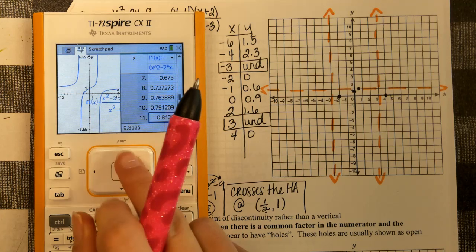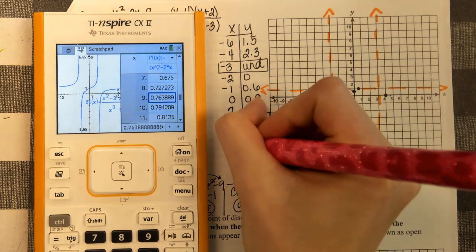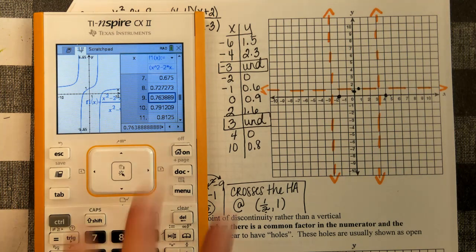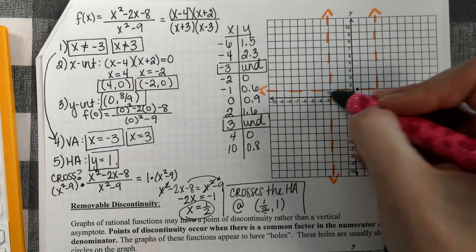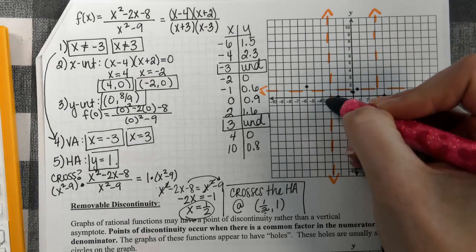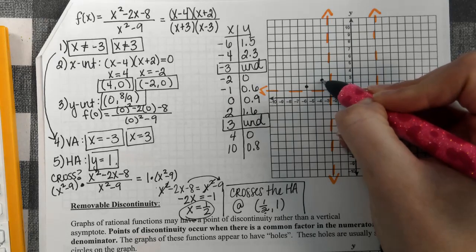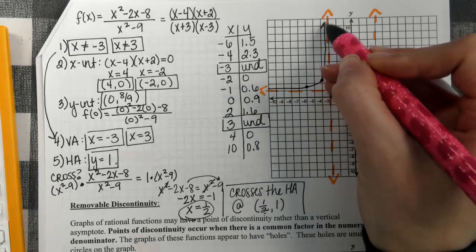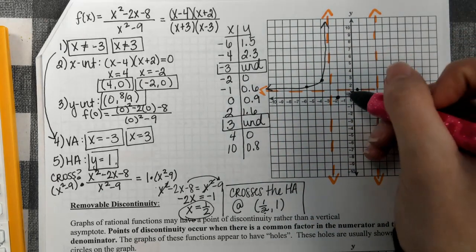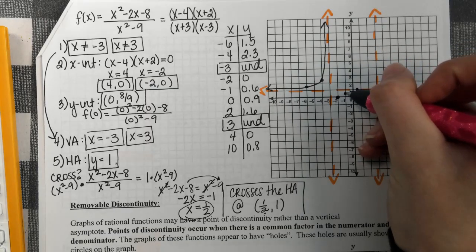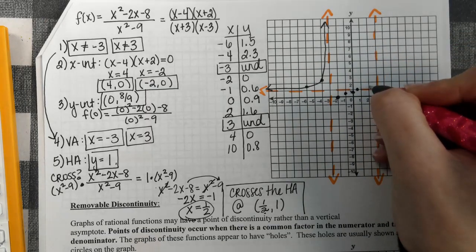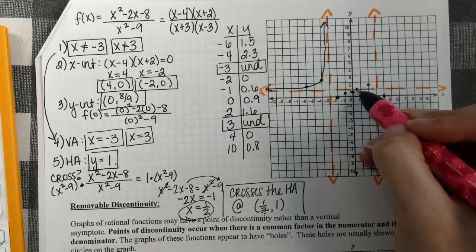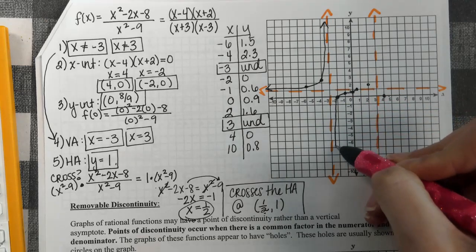If you keep going, it all rounds to 0.8. So if you just want to skip to 10, 0.8, that's fine too. Just make sure your graph looks like the graph on your calculator.